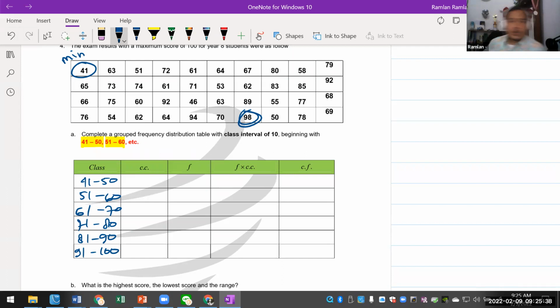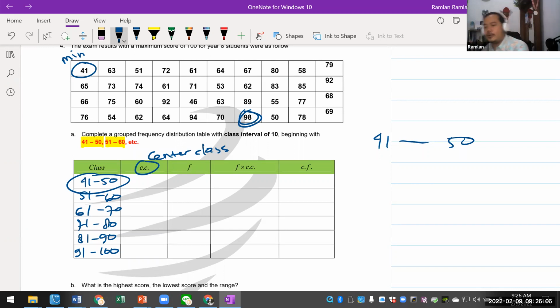Okay, so in here, CC means this is a class center. Ya, bukan center class ya, class center. Saya bacanya kayak center class. Class center means the midpoint of the class. So what is the midpoint of 41 to 50? It's the same thing like asking what is the median from 41 until 50? Ken, silakan Ken.